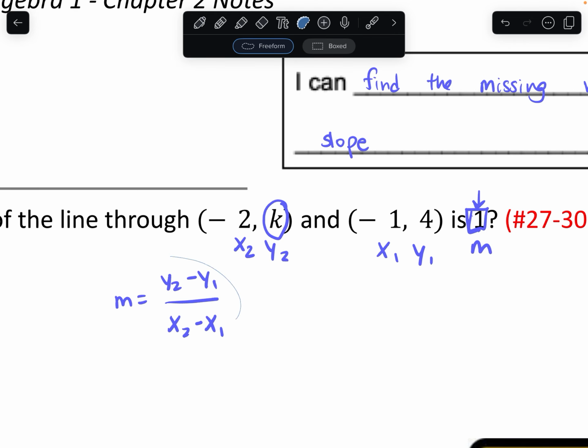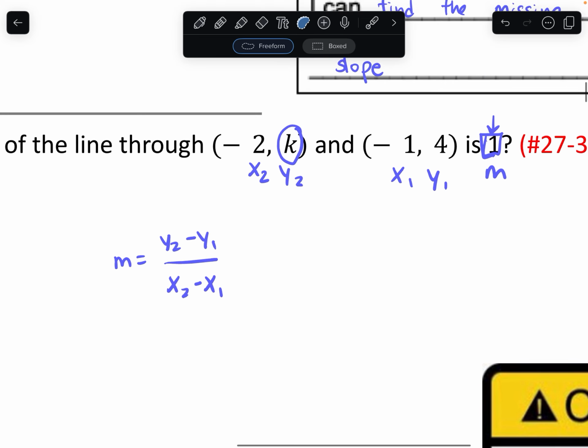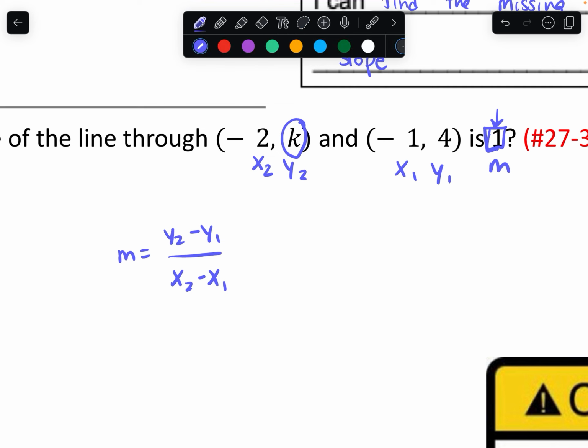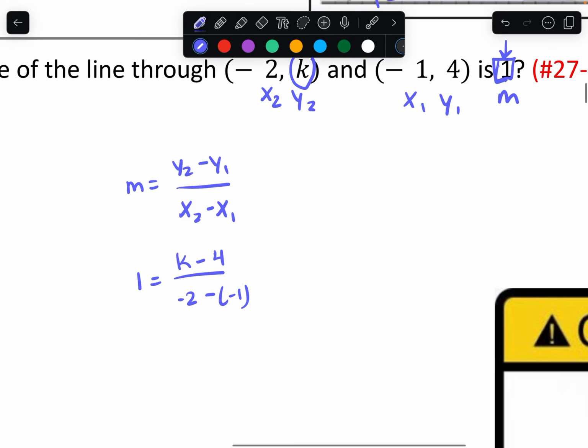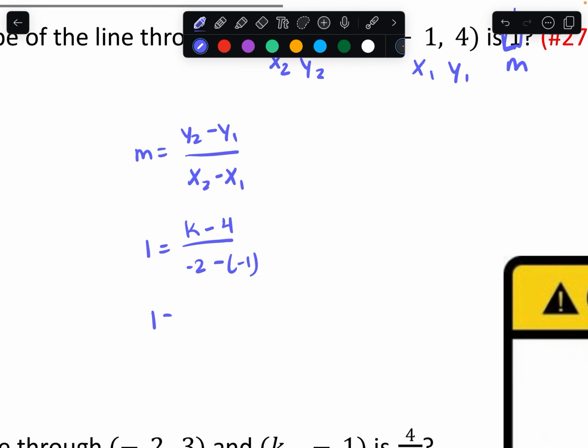All right, so now after I label my points, what do I do? Well, plug and chug. So I'm going to plug in 1 for m. My y2 is k, minus y1 is 4. x2 is -2, x1 is -1. All I got to do is simplify from here. So 1 equals k minus 4 over -2 plus 1, which is -1.